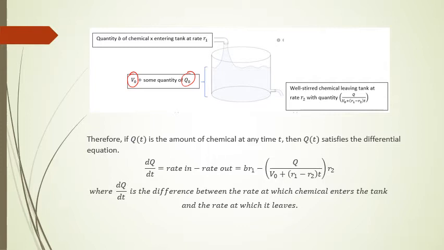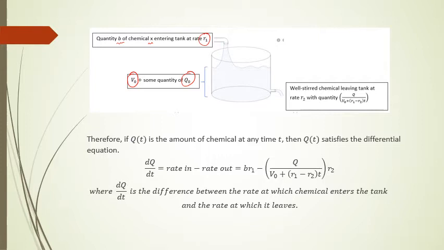At the same time, we have a quantity B of chemical X entering the tank at a rate of R1.